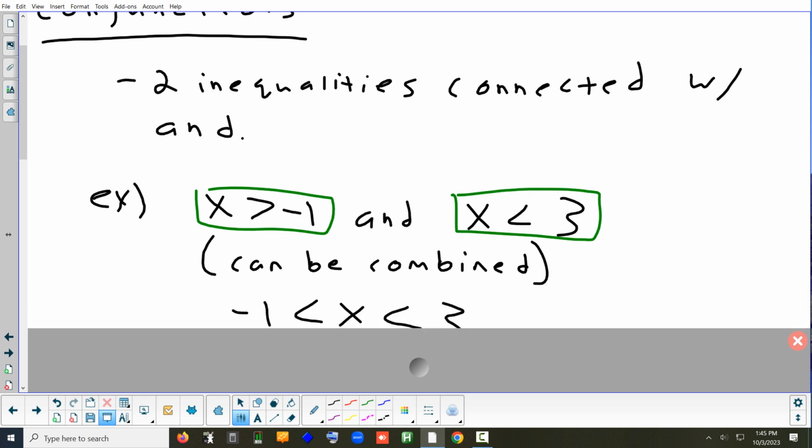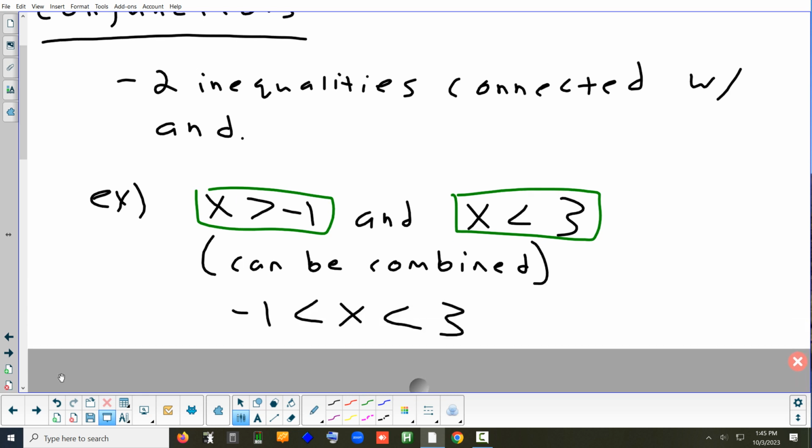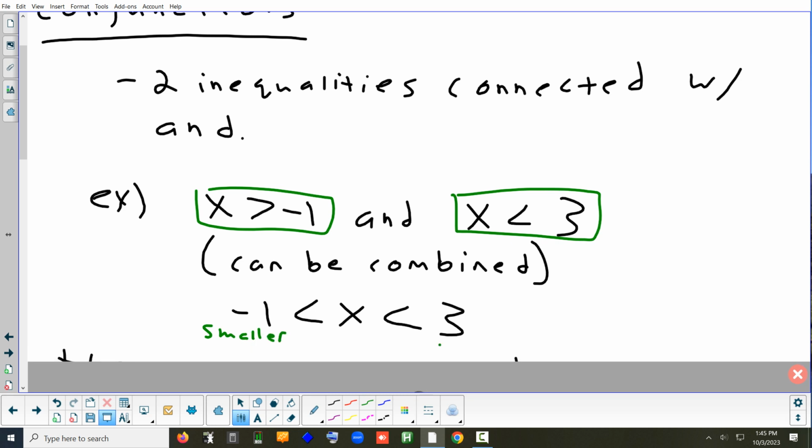And here's one way you can combine them together. The idea is you put the letter in the middle, you put the smaller number on the left, and put the bigger number on the right, and then you have both inequalities pointing to the left, pointing towards the smaller number.